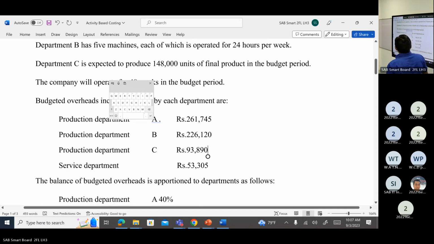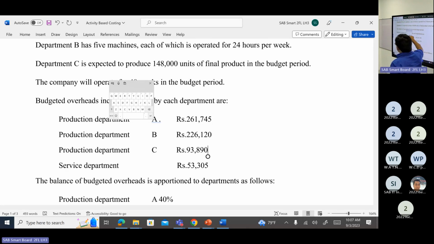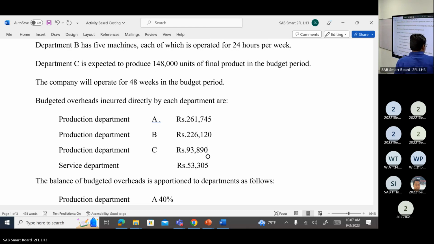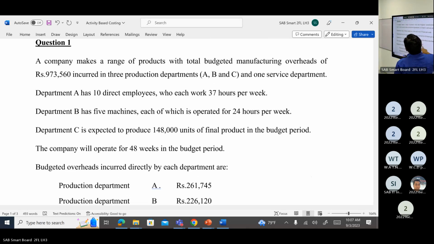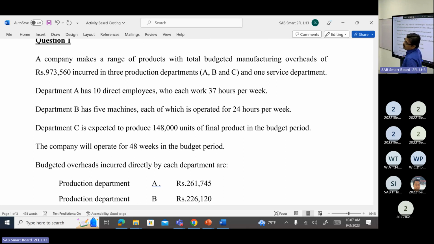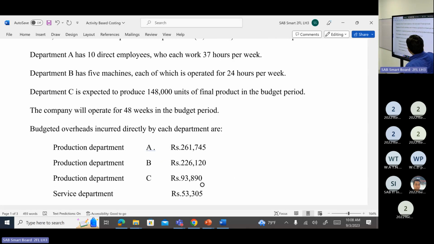Now here, you are given total overhead cost 973,560, and you are given budgeted overhead costs incurred by each department. These are the directly allocated overhead costs for each department.